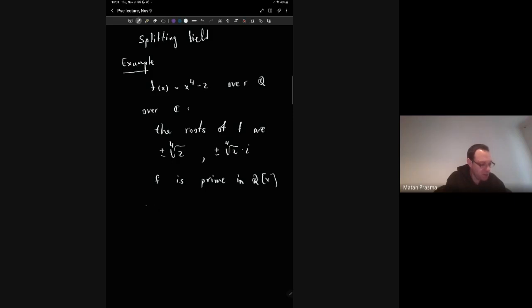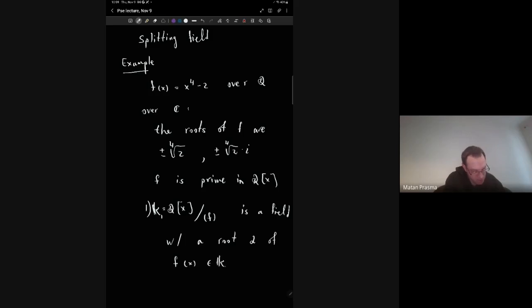We look first at Q[x] modulo f, and this we know by general abstract reasoning is a field with a root, let's call it alpha, of f considered as a polynomial in K1[x].